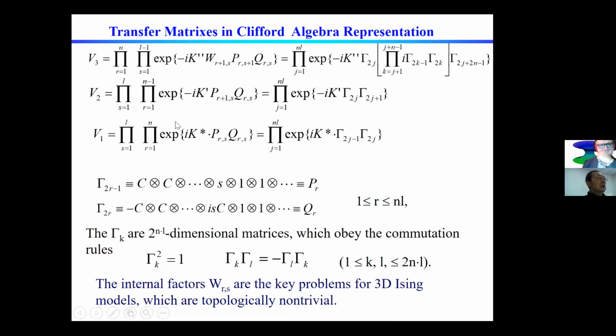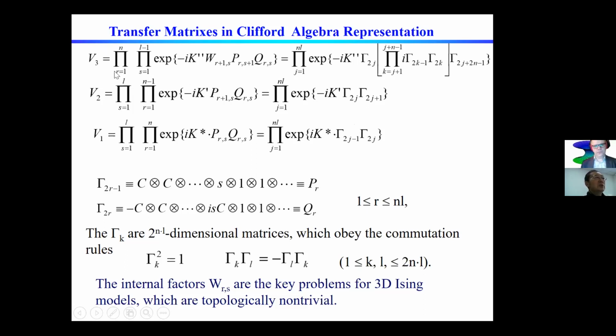The first two transfer matrices are similar to the 2-dimensional Ising model, which are in linear form in a two gamma matrix product. So these are very easy to deal with if we follow the Onsager-Kaufman process.